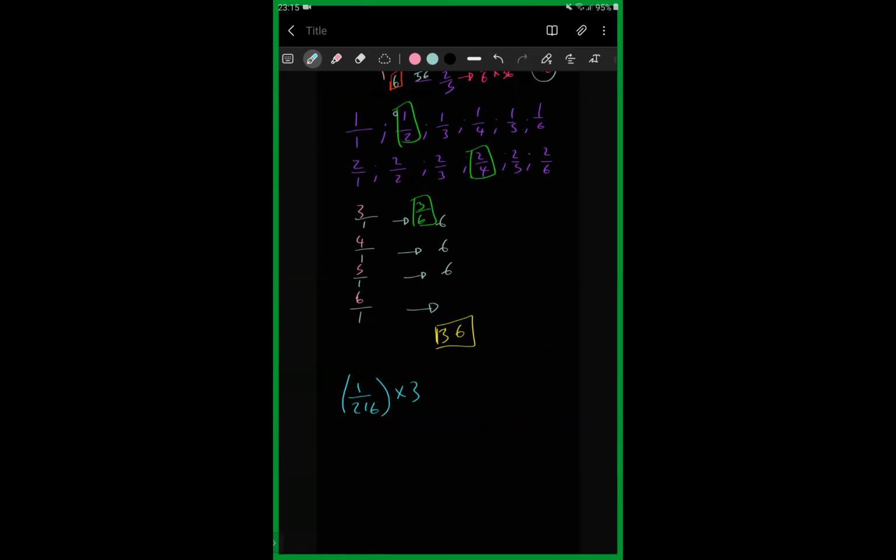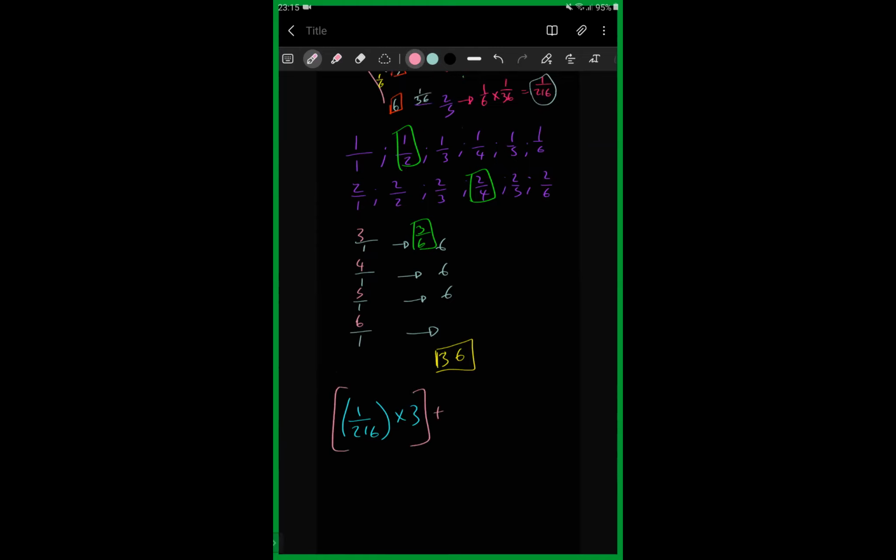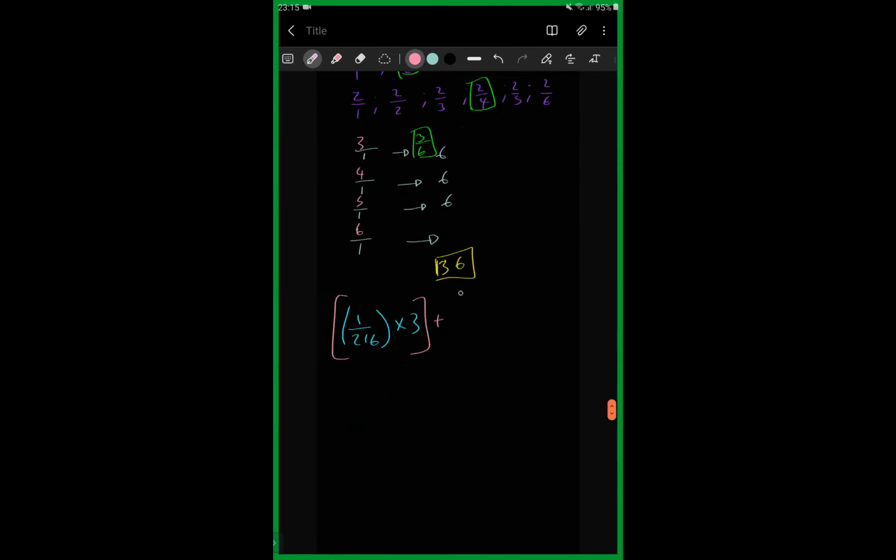And then we're adding 1 over 72. So what does this give us? It gives us 1 over 216 times 3, plus 1 over 72. That's going to be 1 over 36, which is quite awkward, but mathematics does not lie.